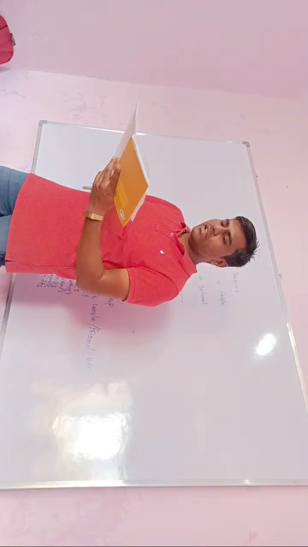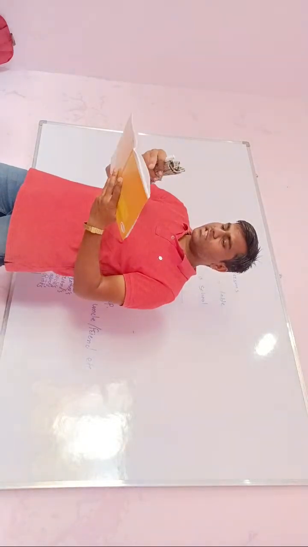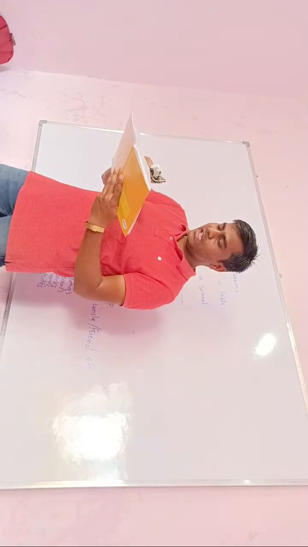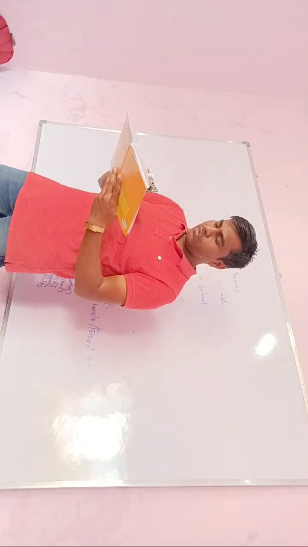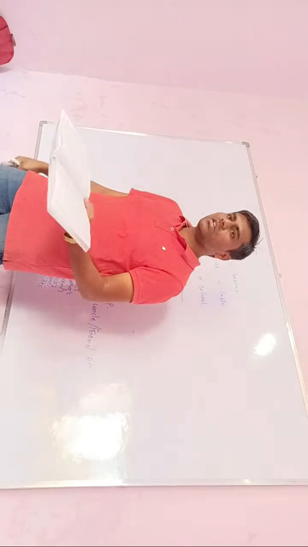Means 320. Okay, but there are so many sentences. 1, 2, 3, 4, 5, 6, 7, 8, 9, 10, 11, 12, 13, 14, 15, 16, 17, 18, 19, 20. Yes. 340.